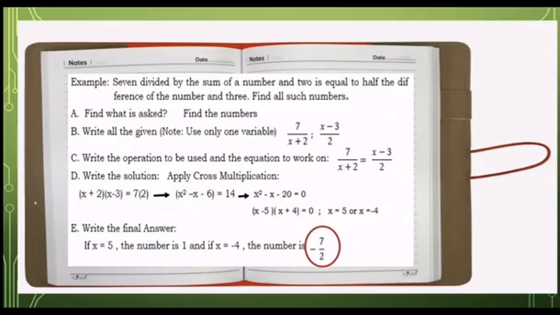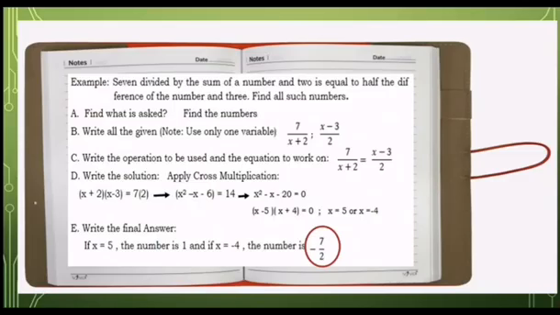So write the solution, apply cross multiplication. So we multiply x plus 2 and x minus 3, and also 7 and 2. So we have x squared minus x minus 6 equals 14. And then equating this to 0, we have x squared minus x minus 20 equals 0.